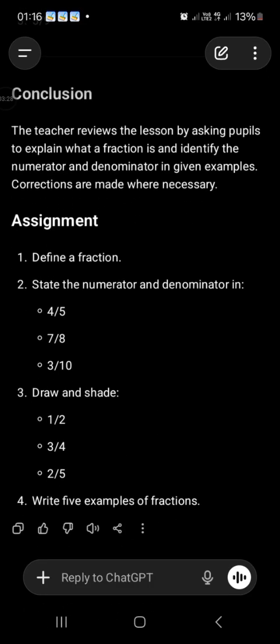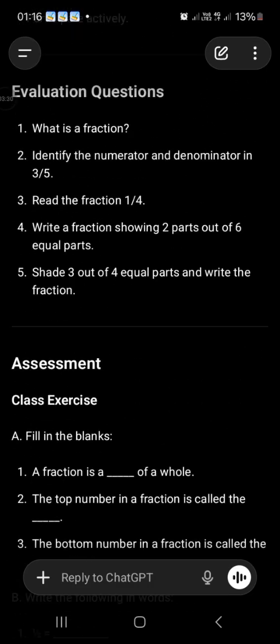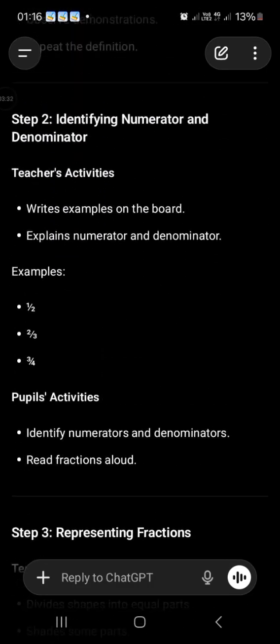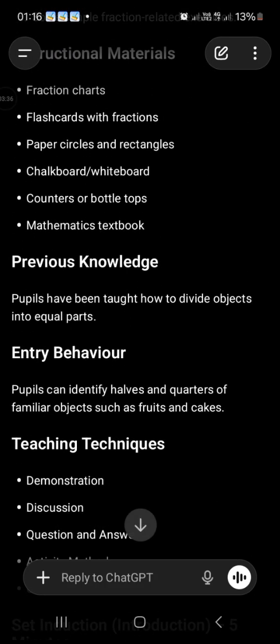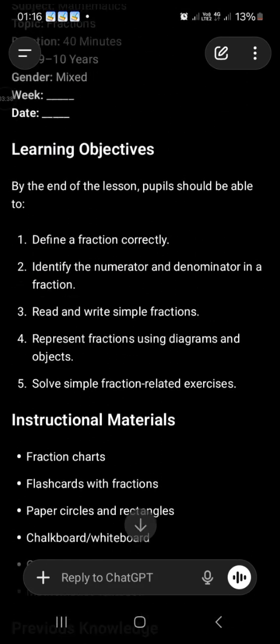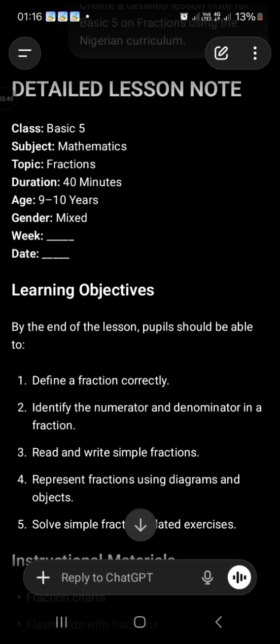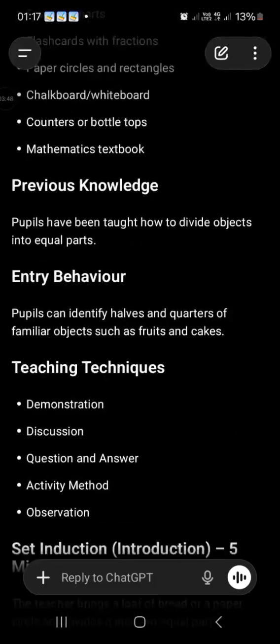And this is the assignment, and that is it. So your lesson plan is set. You can see it's as easy as that. Alright, let's look at another way to generate a lesson plan.